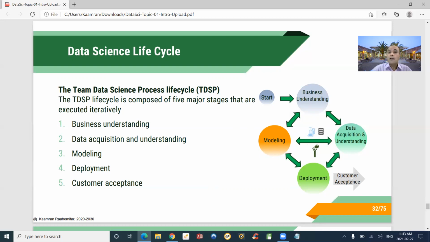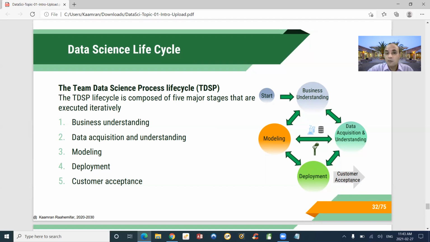Maybe you want to go for beta 0, beta 1, beta 2, beta 3, alpha 1, alpha 2, whatever you call it. And whenever the customer is happy, the latest version of the algorithm is going to be deployed wherever the customer wants it to be deployed.